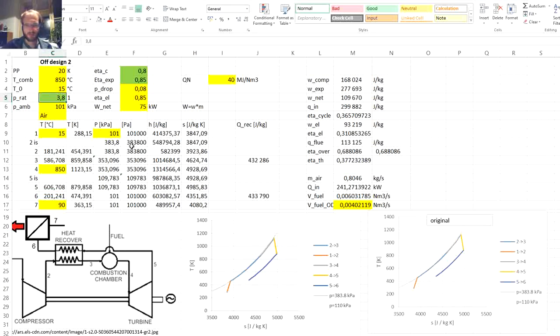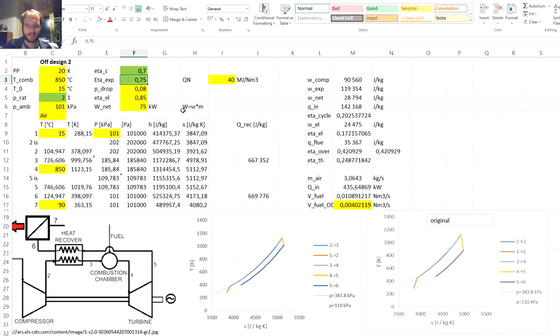Okay, so the new parameters: the pressure ratio being 2. We can see that from the original TS diagram it's suddenly much narrower, much thinner, because the pressure ratio is smaller. Then the compressor efficiency dropped from 80% to 70%, and the expander efficiency dropped from 85% to 75%.